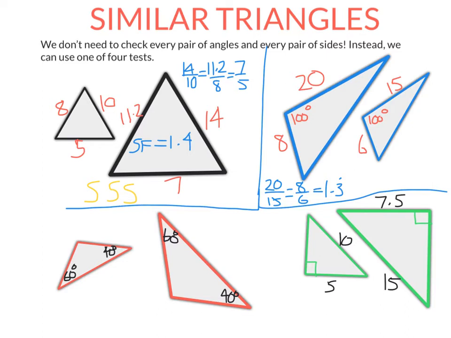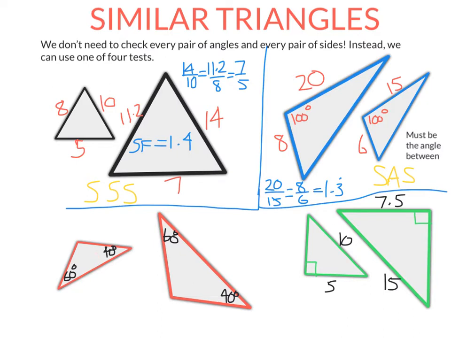We also have that the angle between them is equal. So this is the SAS test. So here A stands for pair of equal angles, and for the S's, pair of sides in proportion. So you need to be careful with this test here because it's not any 2 pairs of sides and any angle. It has to be 2 pairs of sides and the angle between them, like here. So make sure you remember that.